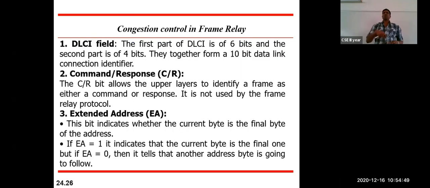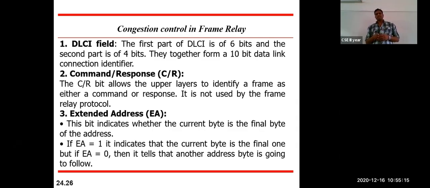But let us quickly look at all of them. Though it is not in your syllabus, we don't have to stress much on them. DLCI, data link connection identifier field, is 10 bits together. First 6 bits, then 4 bits. So the first part of DLCI is 6 bits and the second part is 4 bits. They together form a 10-bit data link connection identifier.